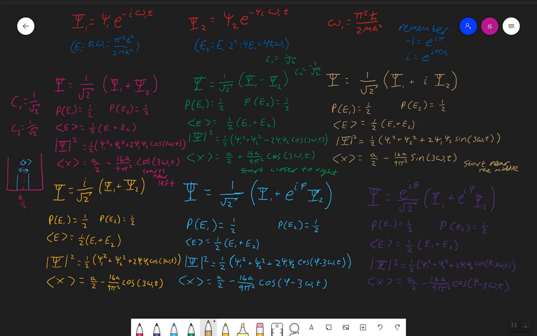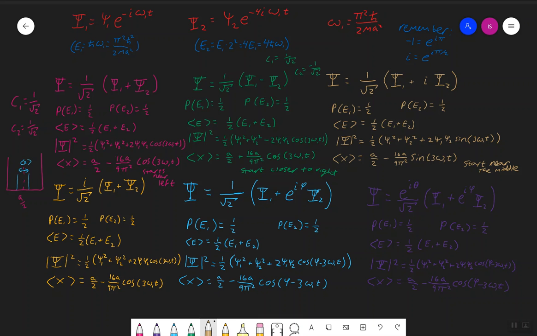And we will see this come up more often, where if you're writing it in some basis, a relative phase won't have an effect on the probabilities with that one basis, with that observable, but it will affect other observables. Hopefully that makes sense. So yeah, it affects x, it affects the probability density.